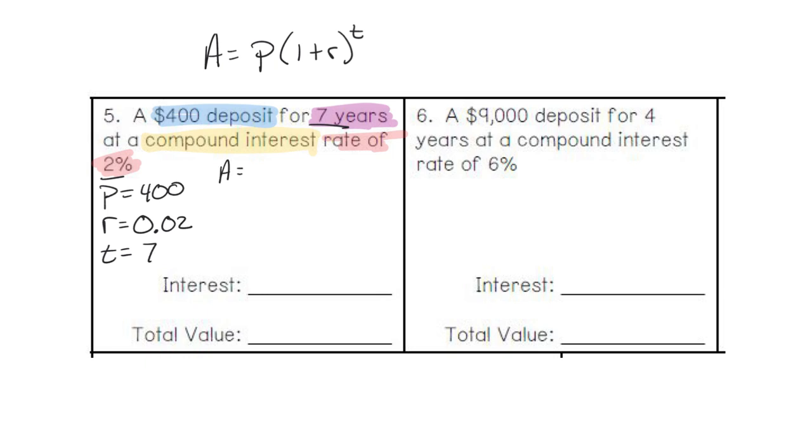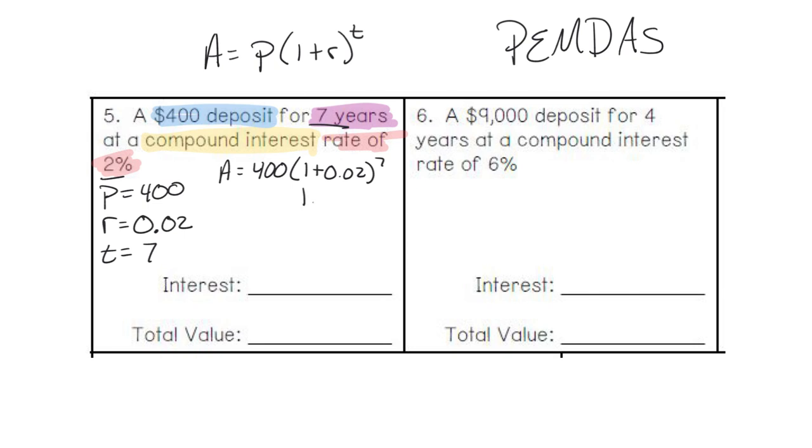So account balance equals 400 times 1 plus 0.02 to the 7th. So now order of operations in order to solve this, okay? Pay attention to order of operations. So parentheses, 1 plus the rate, which would be 1.02 to the 7 times 400. I put that in parentheses just because that is my next step, is account balance.